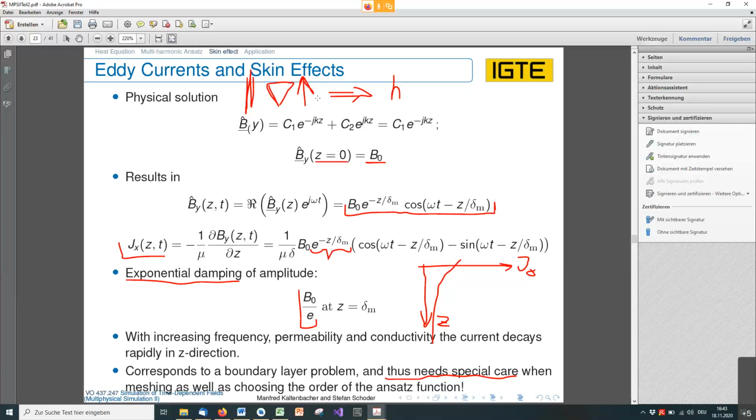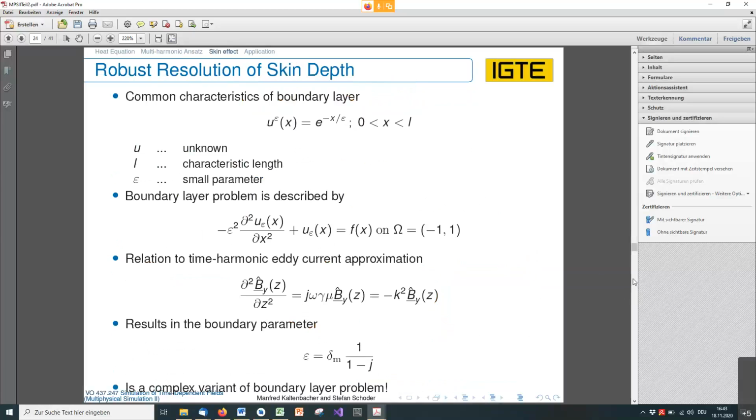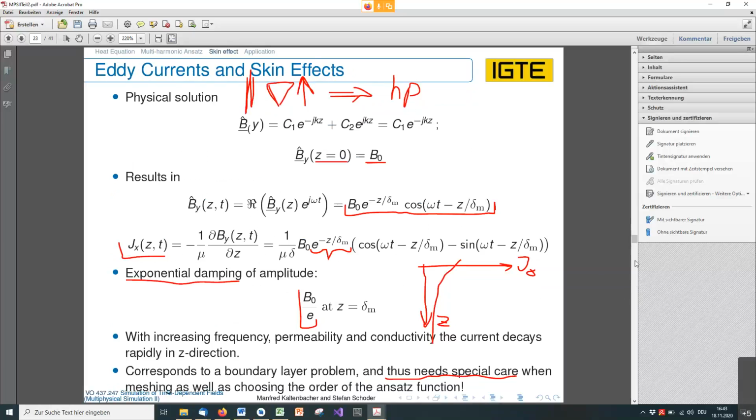Often there is also a relation that if you have high gradients, you need a high number of elements and a high order. Could also be true, but that's just a rule of thumb I would like to provide you. If the gradients are high, you probably have to resolve it. Okay, so in the area where you expect eddy currents, you have to mesh finer. Yeah, exactly. And that's what we are going to see in the next slides.